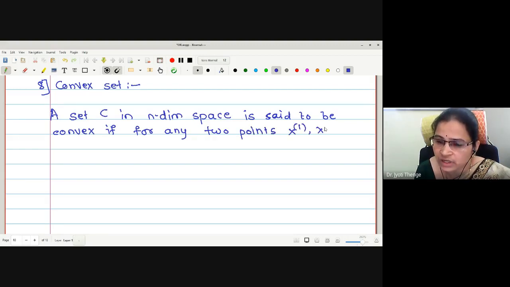x1, x2 in C. What is the line segment joining these two? We have already studied this just now.